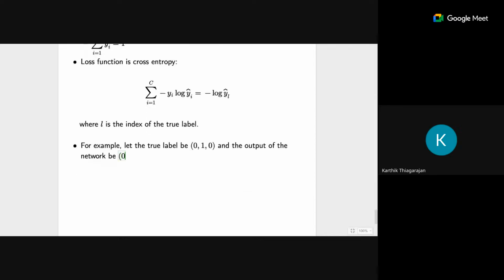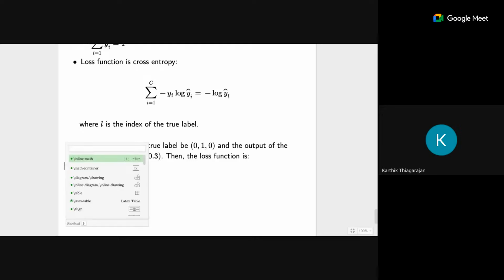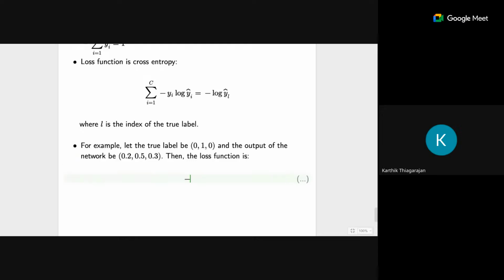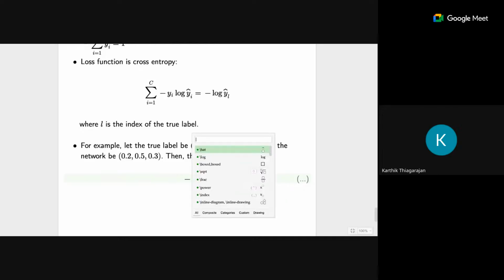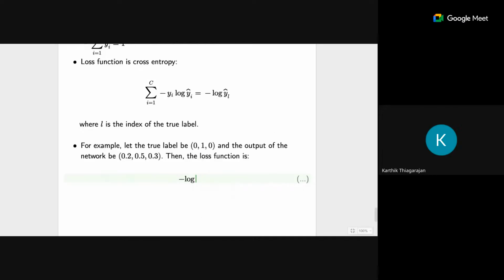Output of the network is, let's say, 0.2, 0.4, okay, or maybe I'll keep this different. So this is 0.5, 0.3, right? This is the output of the network. Then the loss function is negative log of, and when we say log, it's always log to the base e, of the predicted probability of the true label.